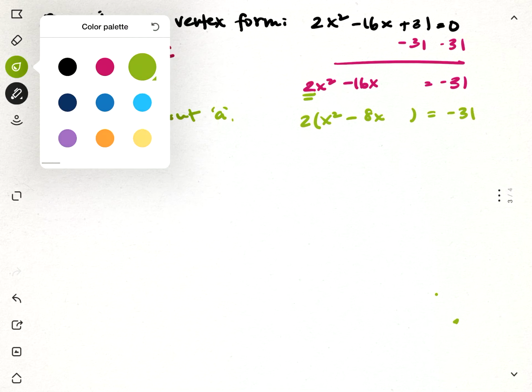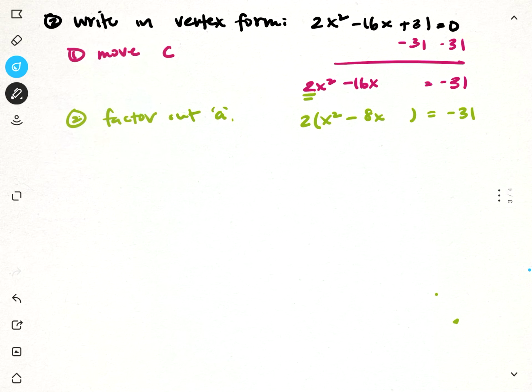Okay, now in step 3, we're going to go ahead and complete the square. So we're going to do -b, we can just do +b, it doesn't matter, over 2a squared.